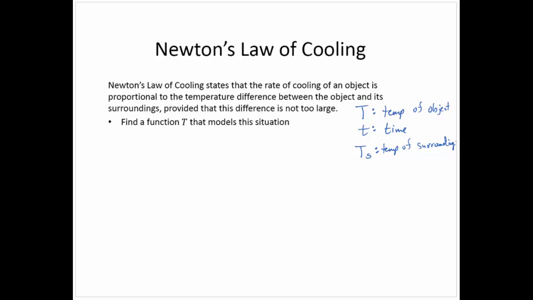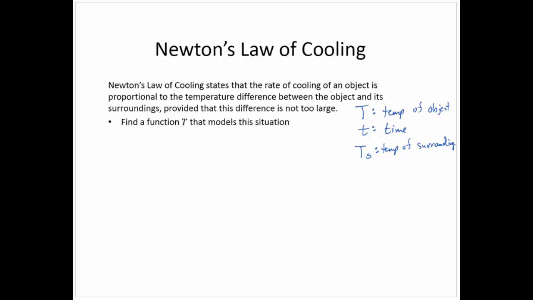And we make the assumption that the surrounding temperature is relatively constant and that the difference is not too large between the temperature of the object and the temperature of the surroundings. All right, so we want to find a function T that models this situation, that gives us the temperature of the object. All right, well, here's what we know.